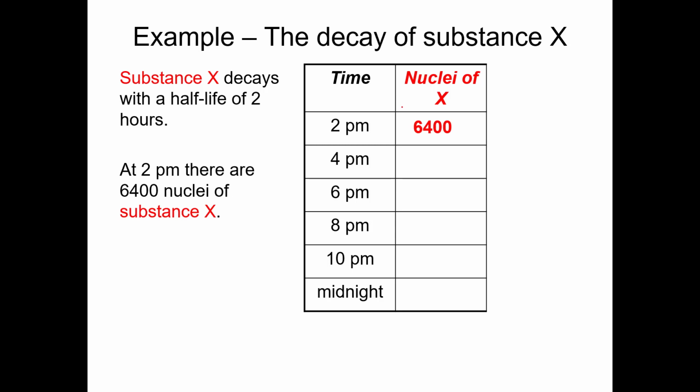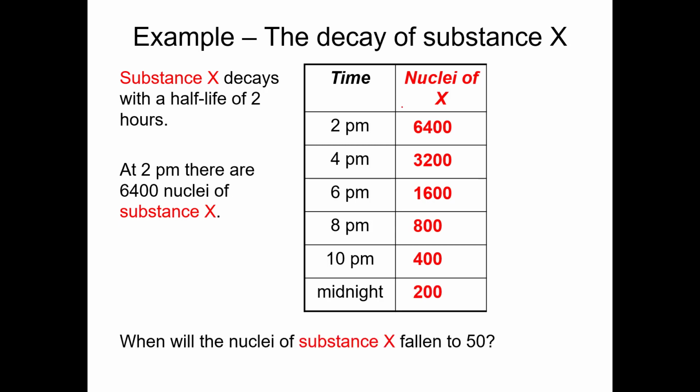After another 2 hours, that is from 2 p.m. to 4 p.m., this 6400 reduces by half. In other words, you simply divide it by 2 and you get 3200. After 2 more hours, this 3200 reduces by half. You go on dividing by 2, divided by 2, divided by 2, and so on.